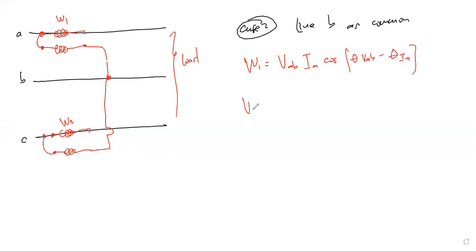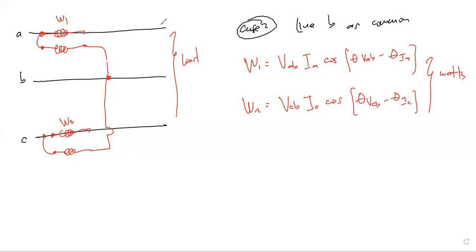Wattmeter 2, on the other hand, will have a reading of the magnitude of VCB multiplied by the current IC cosine of theta VCB minus theta IC. Again, both of these will have a unit in watts.